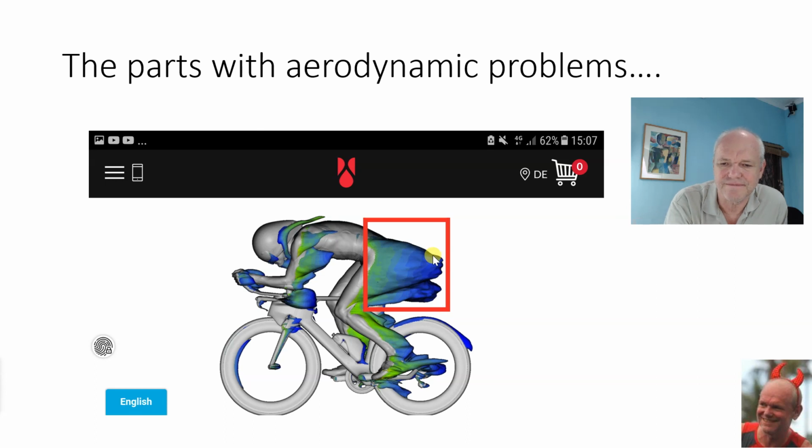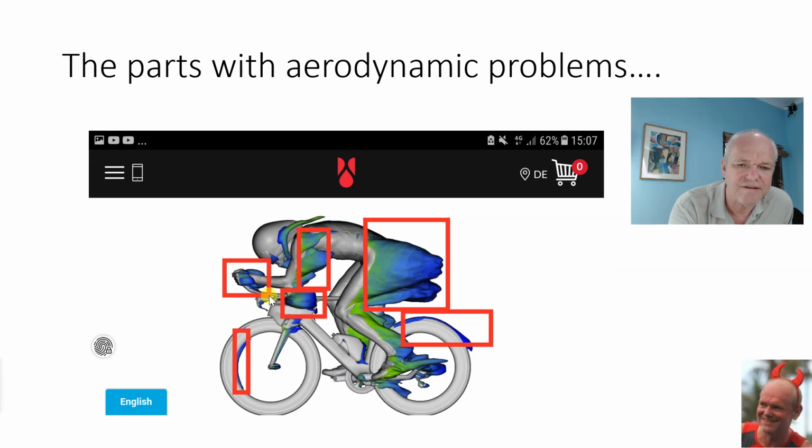Blue is bad. Then we have here at the wheel the arms, as I said before. We have here everything in the front, and here the hands.